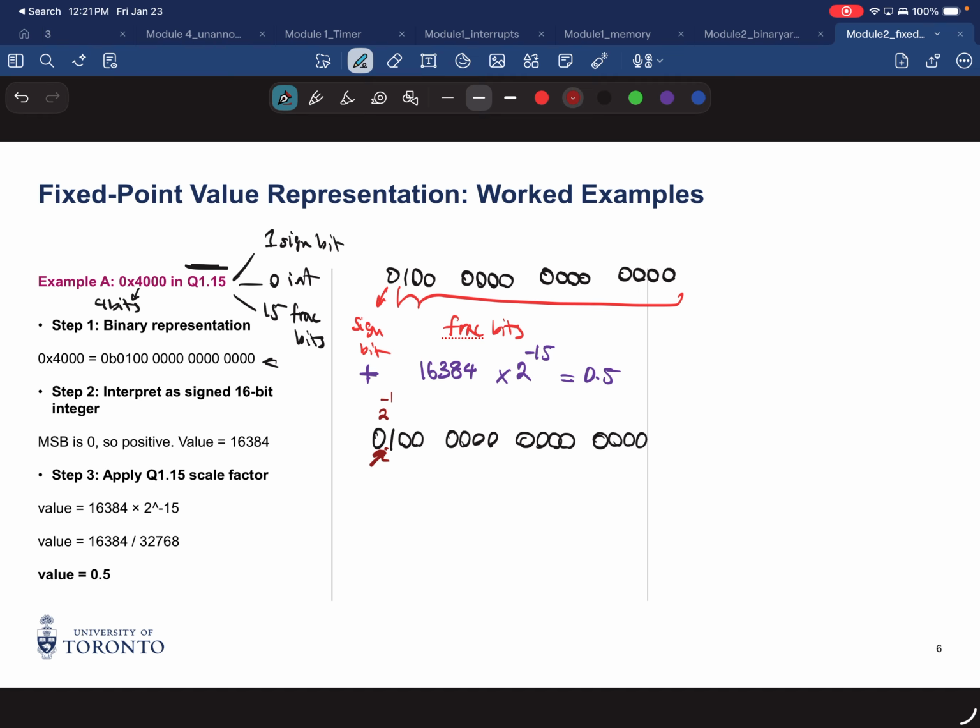When you want to do this, it's 2 to the power of minus 1, minus 2, minus 3, and you move to 2 to the power of minus 15. So you see, this is basically 1 multiplied by 2 to the power of minus 1, which is 1 over 2, half. So for some of these, it's easier to do the second way to calculate the fractional value instead of scaling it by multiplying the integer number by 2 to the minus 15.